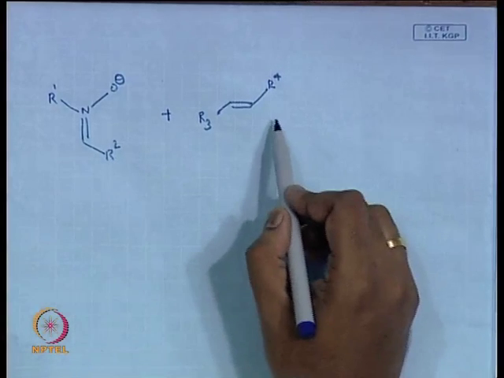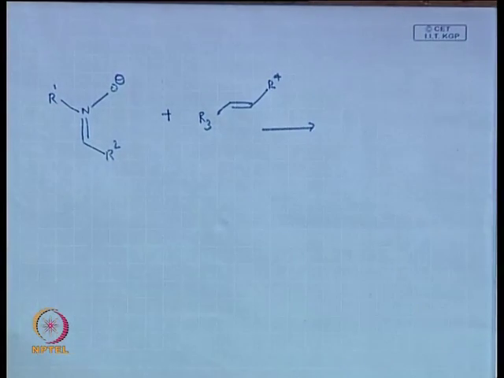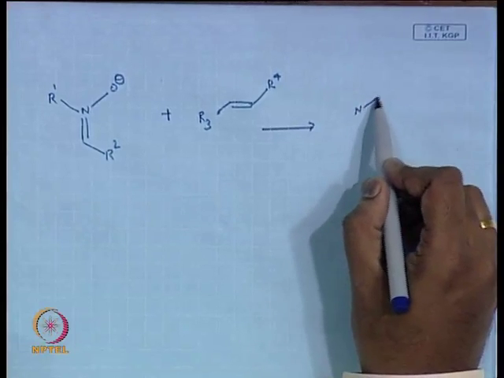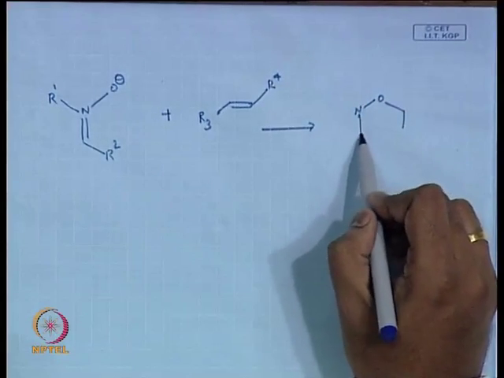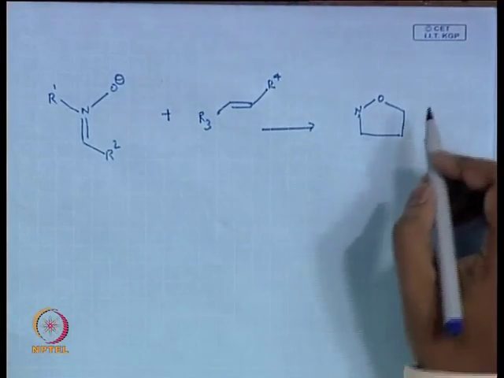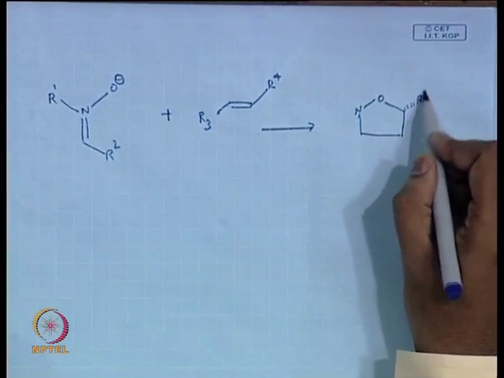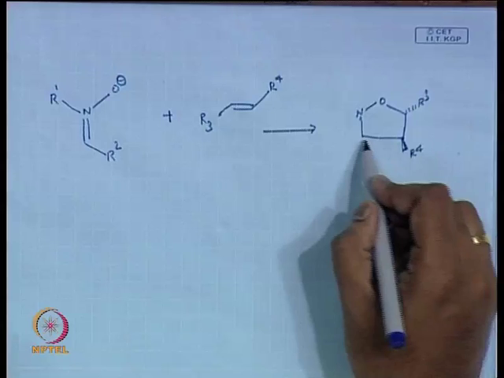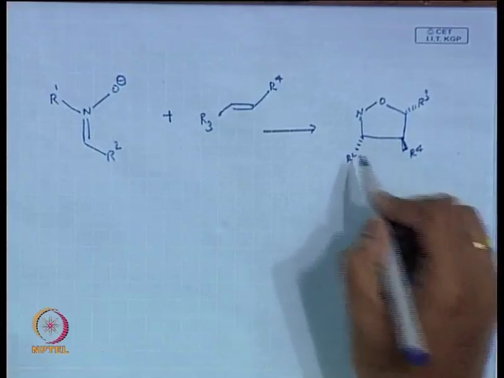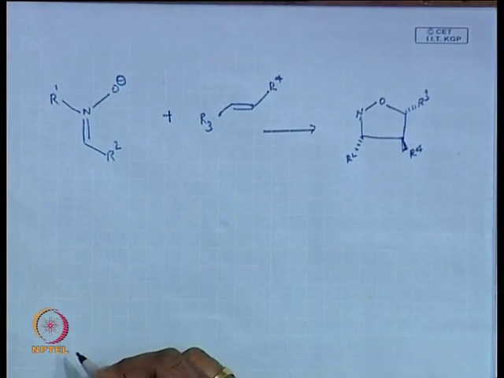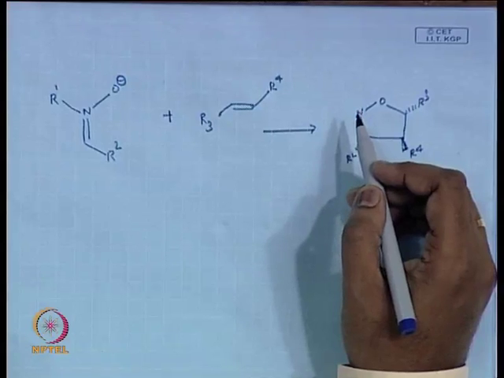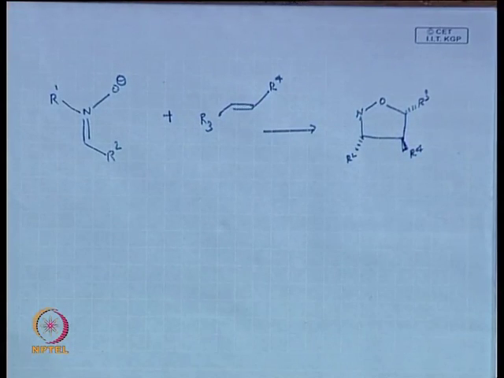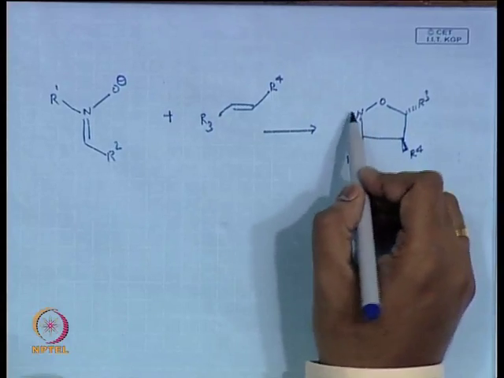Now, if I ask you to write both the products, can you write? So, N, O, I can have R3, R4, R2, R2 and N R1.